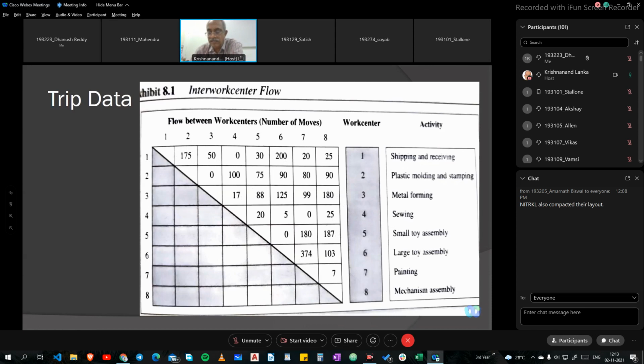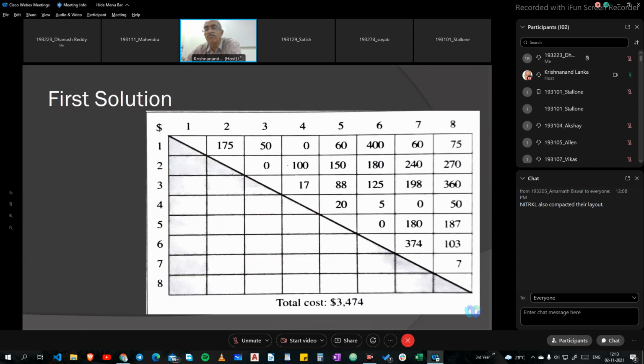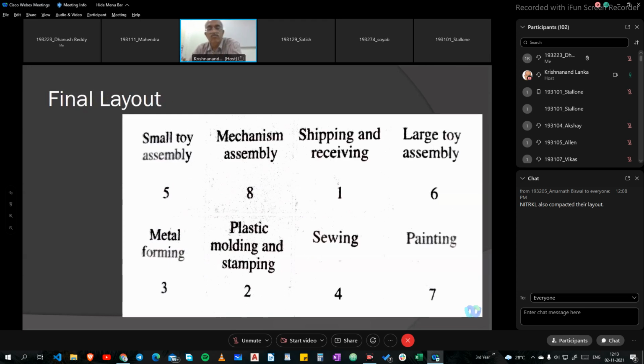And then you convert that into dollar cost, and say now this is the improved layout, so that the most interacting ones are kept side by side, and the most non-interacting ones are kept a bit far away.